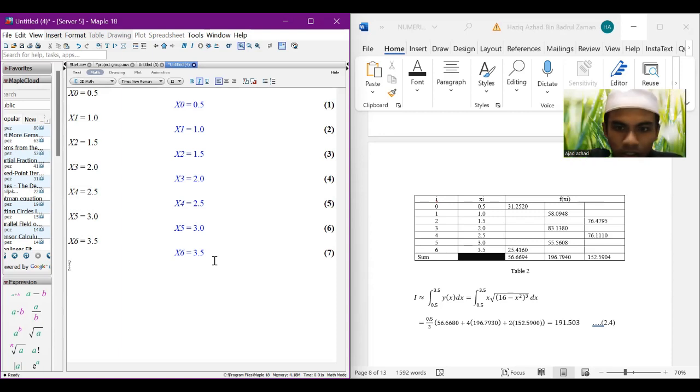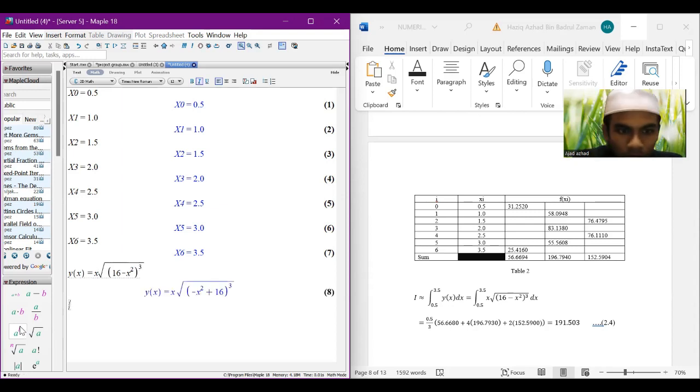Next we will insert the equation, which is y(x) equal to x times the square root of 16 minus x squared, to the power of 3.